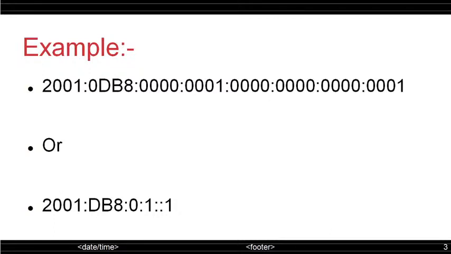So why do we use IPv6? Because IPv4 is nowadays exhausting. Only 429 crore and something IPv4 addresses are there, but there are a lot of other websites trying to use public IP addresses from IPv4. So this causes the IPv4 address space to exhaust.